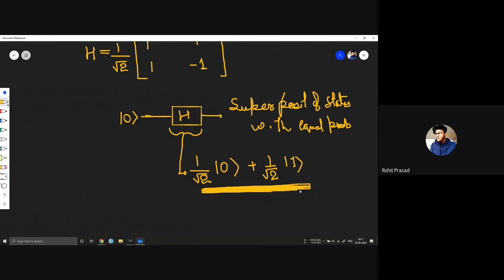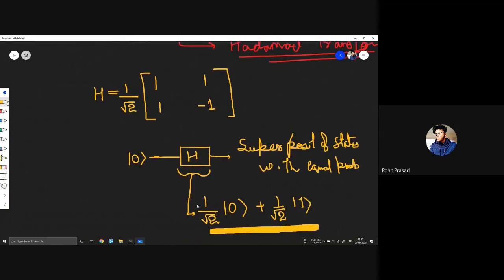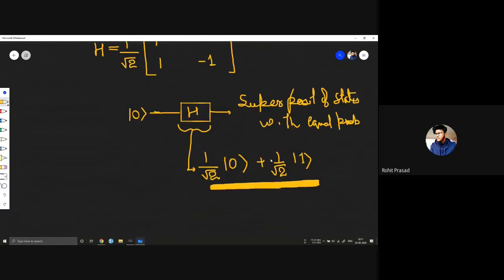Then you can play with the constructive and destructive interference of your relative phase, and you get the output as the desired state. Okay, so we will learn about the use of this Hadamard in later videos.